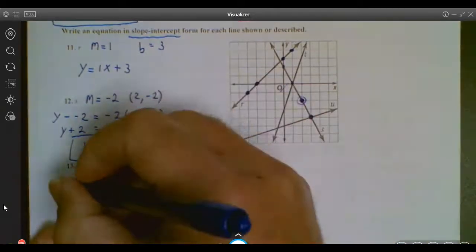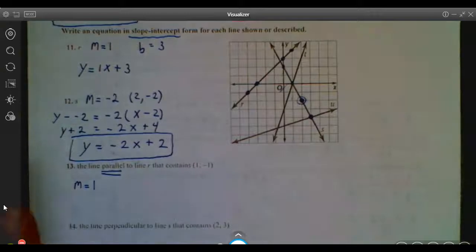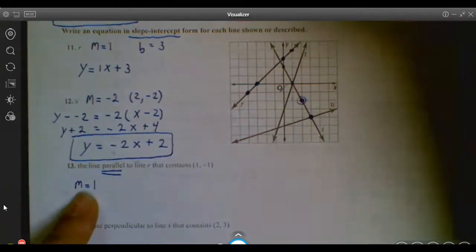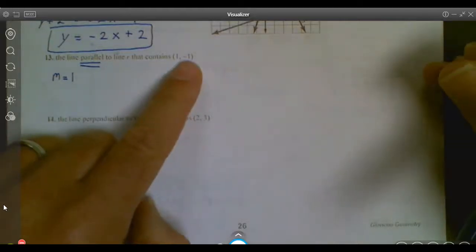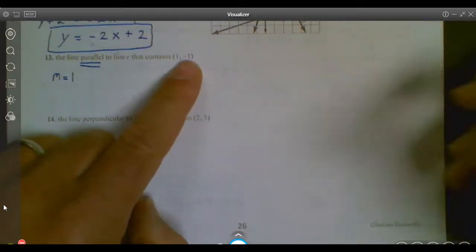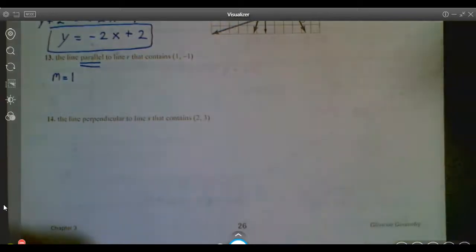So if our lines are parallel, then our line is going to have the same slope. And so all we know is its slope. We know a point on that line. And so we're right back into what I just did in the previous problem. We're going to use point slope in order to get the equation of the line.